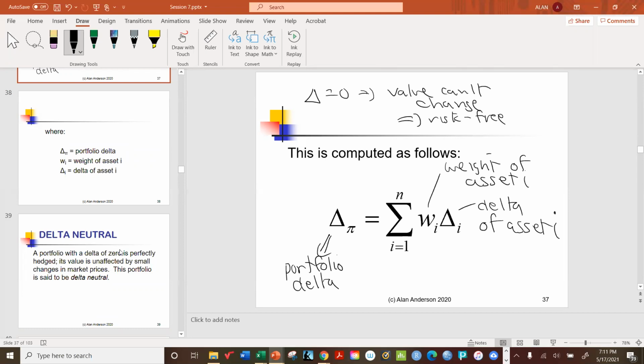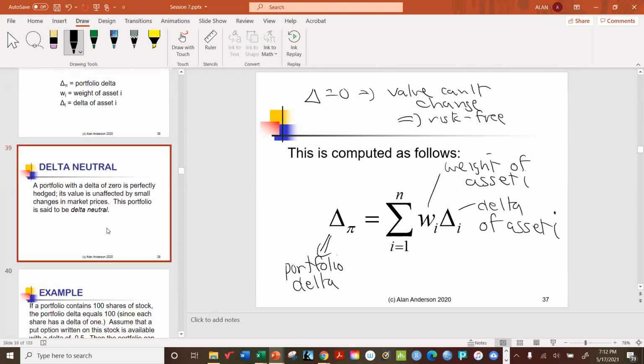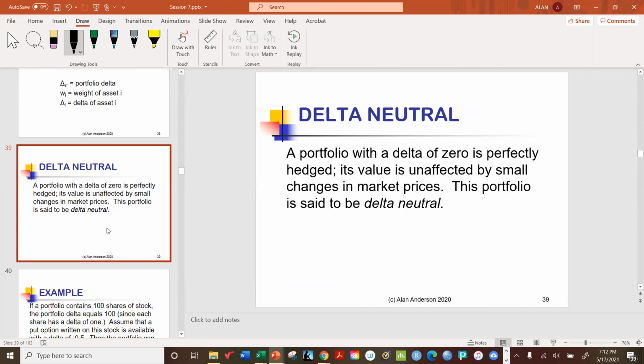So in other words, if you're a trader of some kind and you have a position in stocks, you can get rid of all of your risk by holding the right combinations of options that give us this portfolio with a delta of 0. In fact, this is such an important idea in finance that these types of portfolios are referred to as being delta neutral.